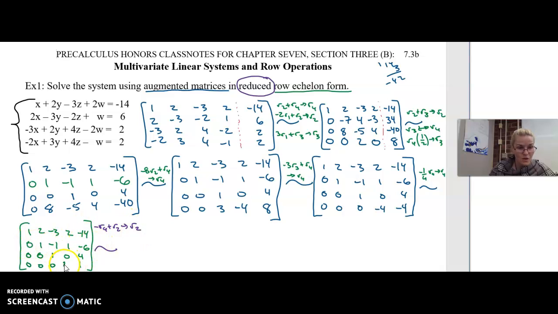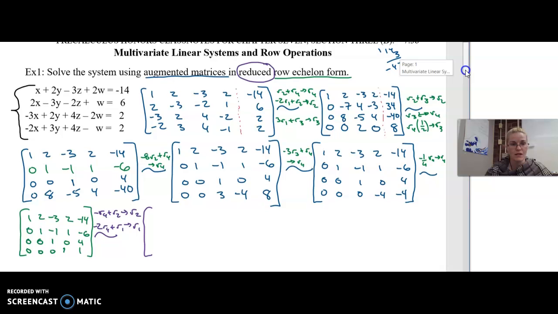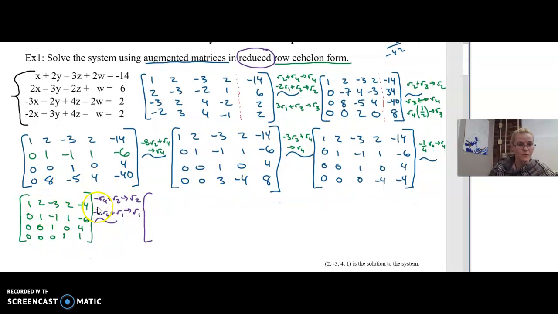And then I'm also going to go negative 2 times row 4 and add that to row 1 and put that back into row 1. So doing both of those, let me scroll up a little bit and give myself a bit more room. So what have I got? I'm going to keep the bottom row exactly the same. So 0, 0, 0, 1, 1.